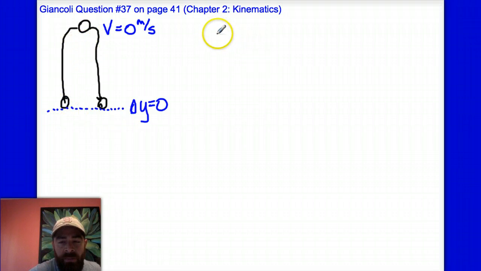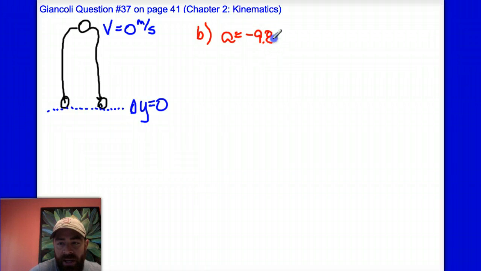I'll start by using one of the equations of motion, but I want to write down what I know first. I know that the acceleration, of course, is going to be negative 9.8 meters per second squared, and we know that the final velocity in this case will be 0 meters per second.